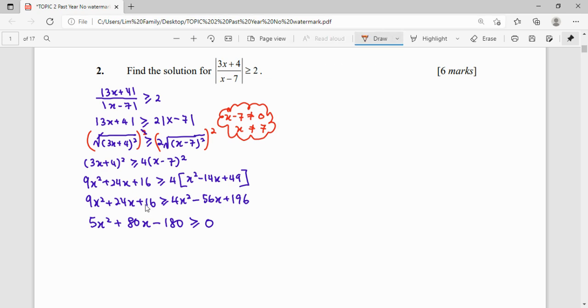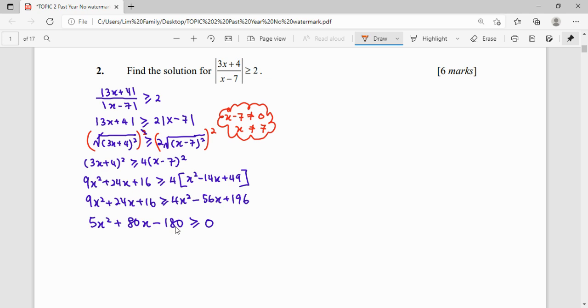So leaving the right hand side 0, we notice that this is the region we are going to take, positive. Before we do our factorization, our quadratic ax squared plus bx plus c must be in the simplest form. Notice that this is a multiple of 5.